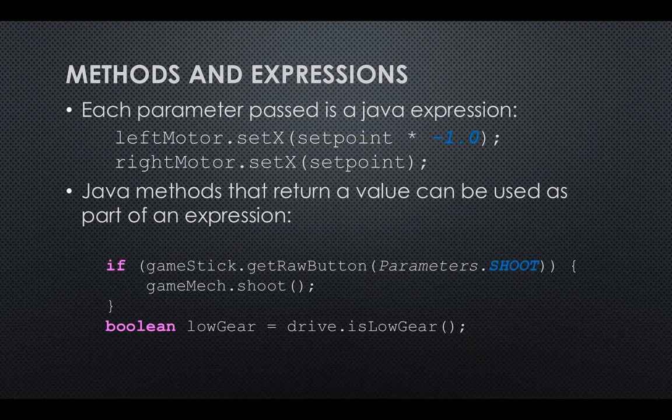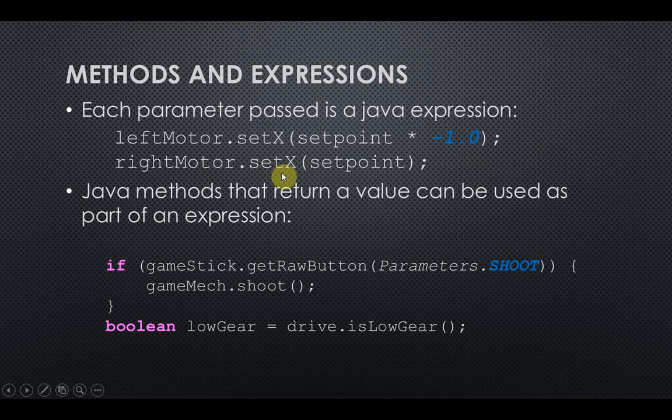It's important to point out that when you're invoking a method in Java and you're passing parameters, every one of the parameters that you pass to a method is an expression, which means you can chain together operators when you're evaluating your expression. So for example, here I'm invoking the setX member of left motor, but I'm passing it an expression. I'm passing it the set point multiplied by -1.